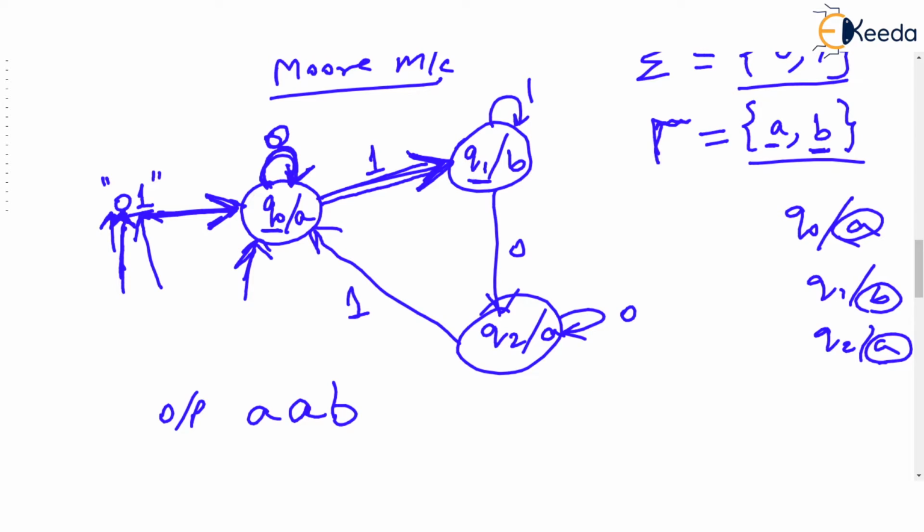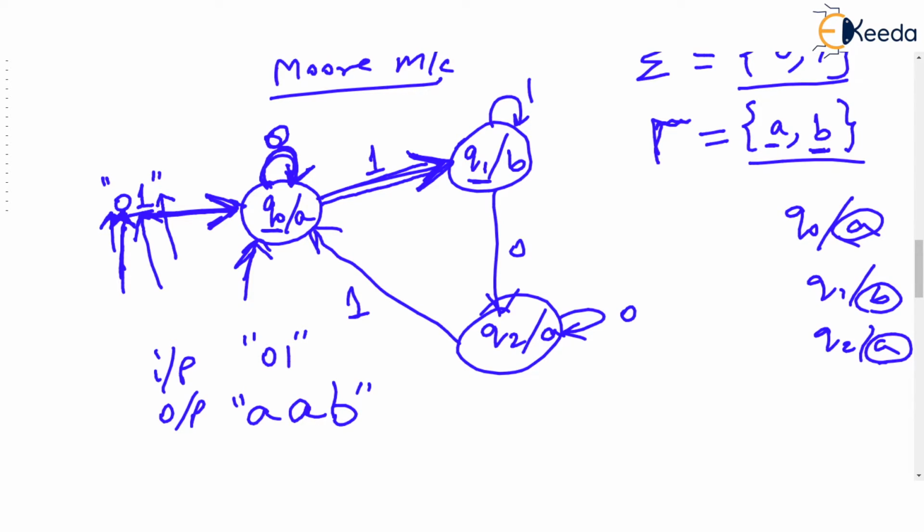After that, the machine is in the Q1 state and it has just printed B. After that, the machine says the input is over. You can see that after 1, there is no input symbol remaining. So the machine stops. There is nothing called an accepting state, a double circle, over here. But the point is that the input given, observe, was 0, 1, and the output produced is AAB.